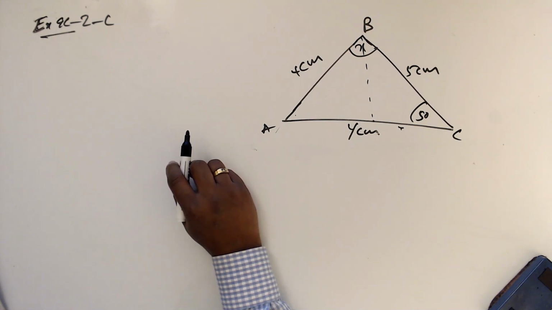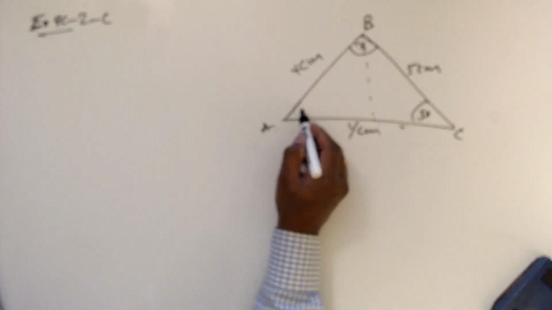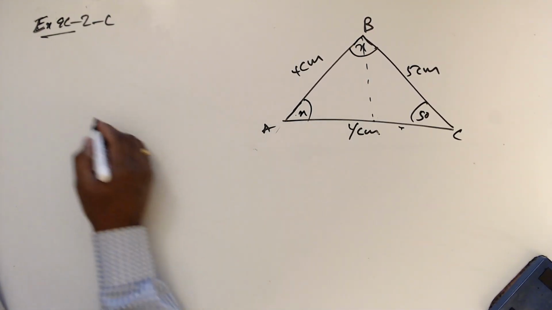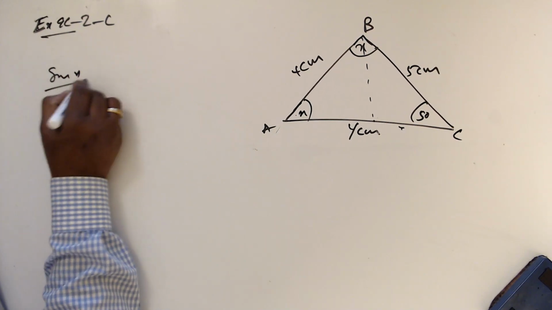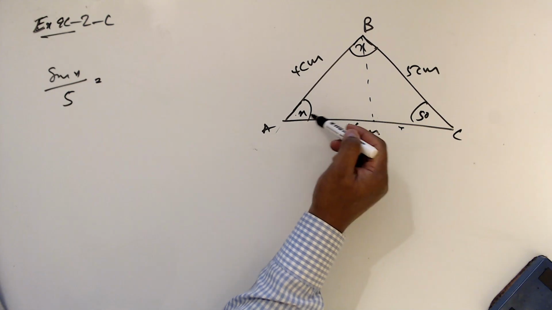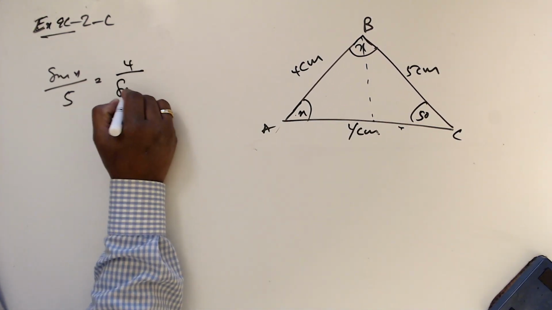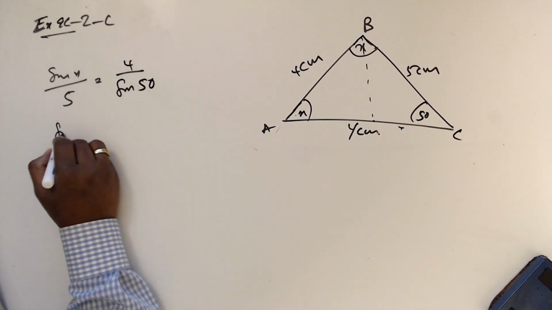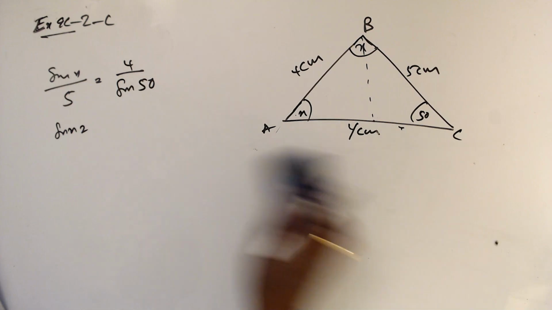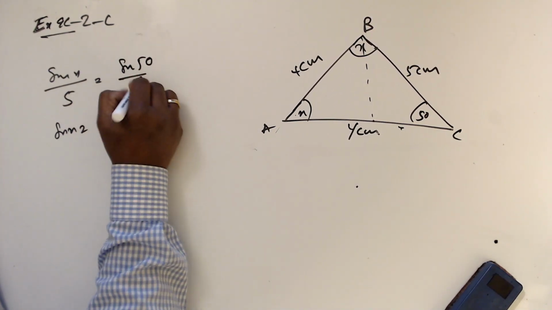So then I will take this as x, then we'll work out x. Sine x over 5 equals 4 over sine 50. So sine x equals, something wrong, this has to be sine 50 over 4.